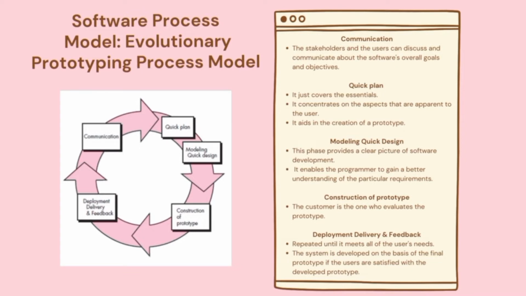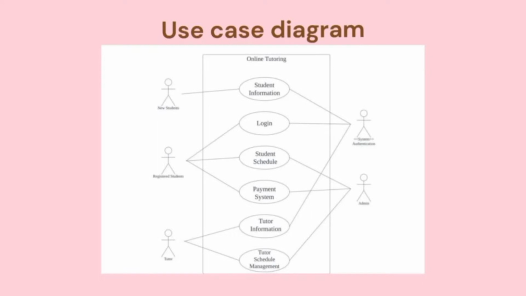And lastly, in the deployment, delivery, and feedback phase, if the user is unsatisfied with the existing prototype, it is changed to meet the user's needs. The process of developing the prototype is repeated until it meets all of the user's needs, and the system is developed on the basis of the final prototype if the user is satisfied with the developed prototype.